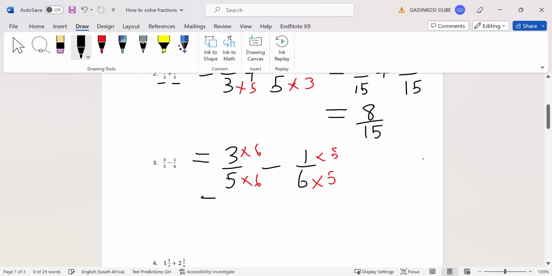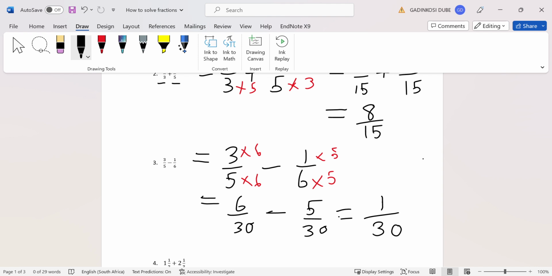Okay, so here you're gonna have 18 over 30 subtract 5 over 30, and your answer is equal to 13. Get the difference of the numerators, and then the denominator stays the same. Okay, the common multiple, so it's 13 over 30. Okay, so it's as simple as that.